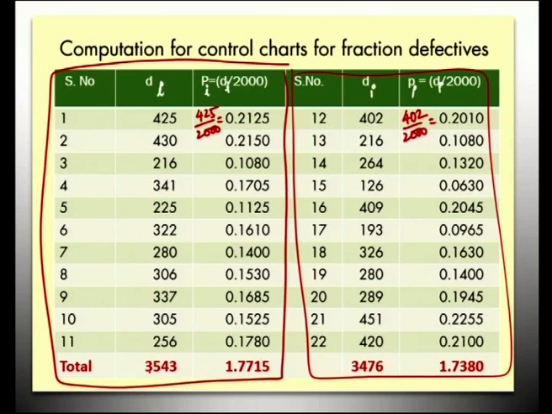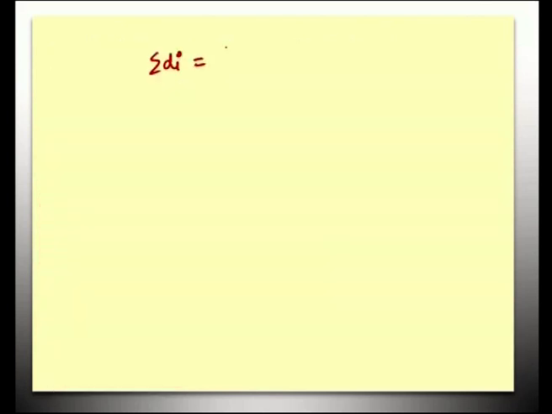Therefore, summation di is the total starting from 425 to 420. Since it is divided into two parts, just take 3543 plus 3476, and this is equal to 7019.